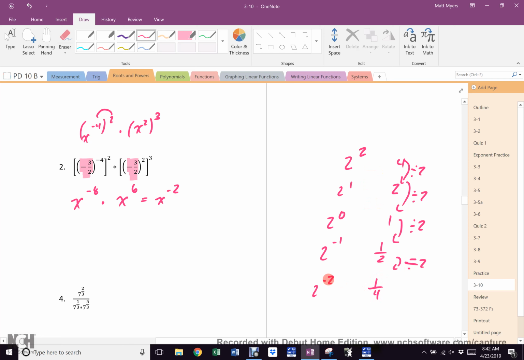What does a negative exponent do to its base? No, it's not. But why? It's got nothing to do with a negative. 2 to the positive 2 gets you an answer of 4 over 1. What does 2 to the negative 2 get you? 1 over 4.